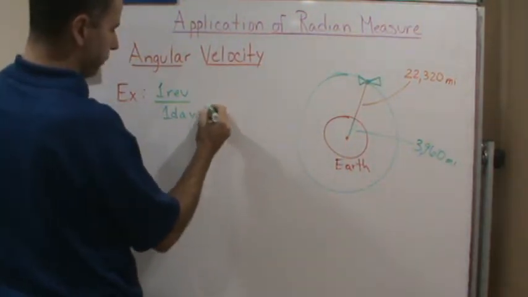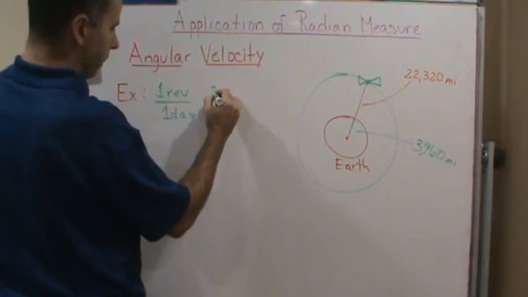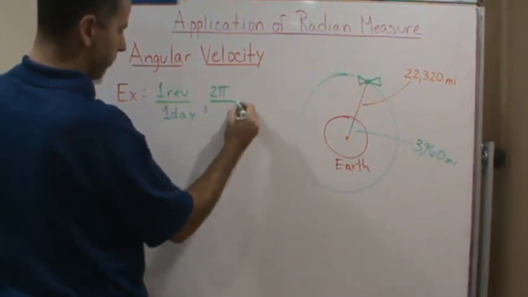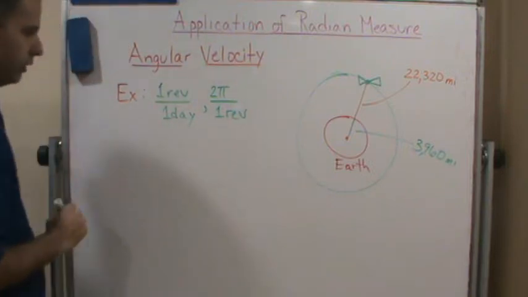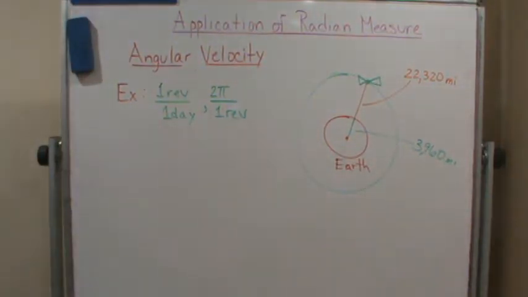We also know that there are 2 pi radians for each revolution, right?